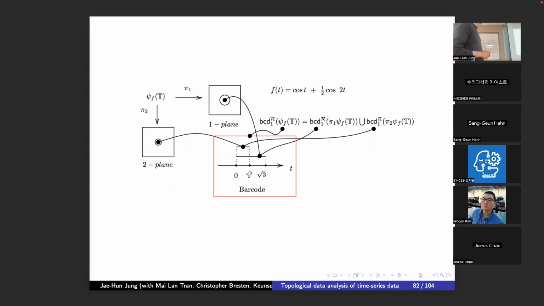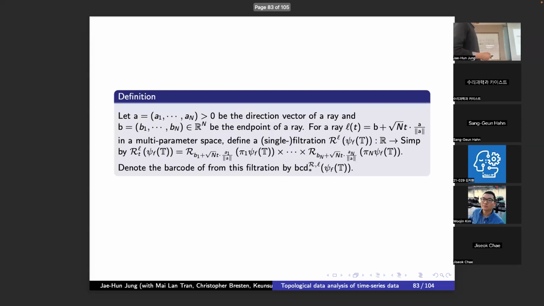For cosine t, we know the bar is 0 to square root of 3. And what about 1/2? 1/2 is a shrink. The circle is shrunk, the radius is shrunk. So then we add these two. That's my barcode. Done. So you don't need to compute any homology.